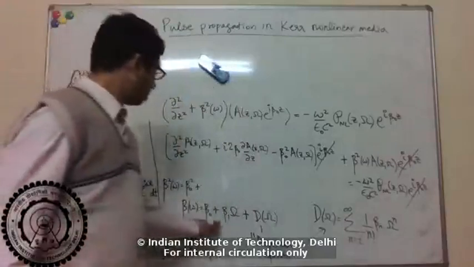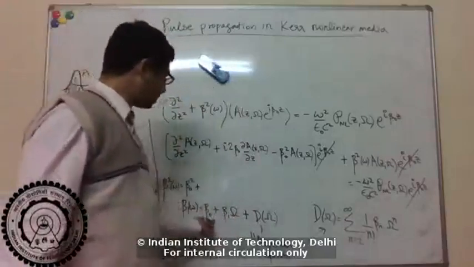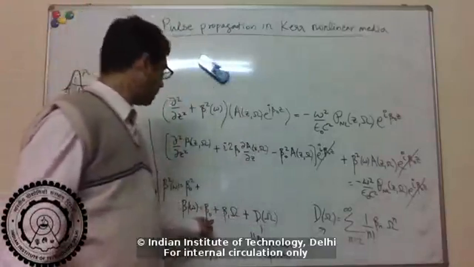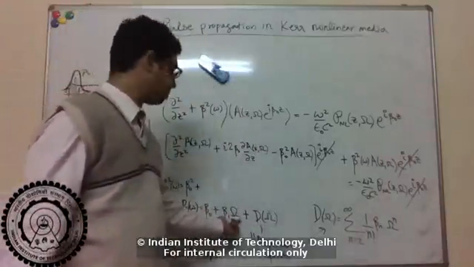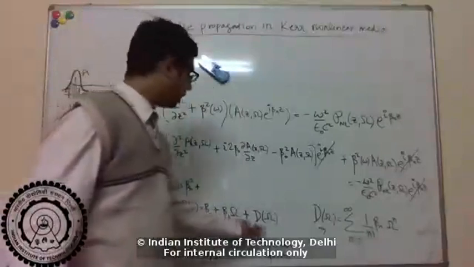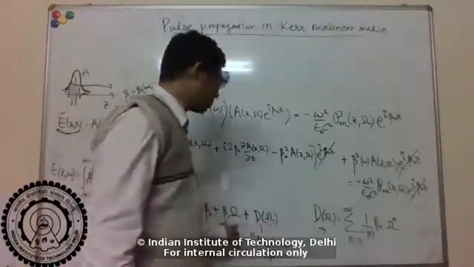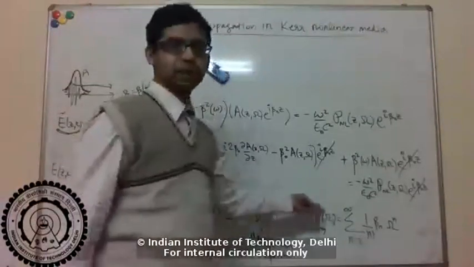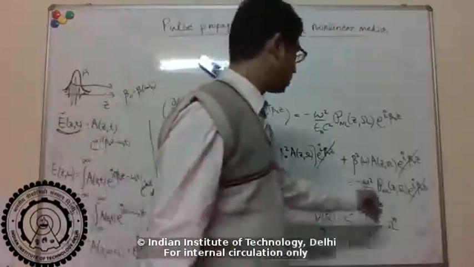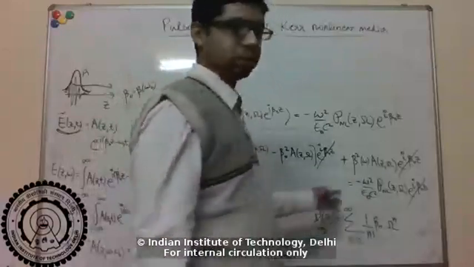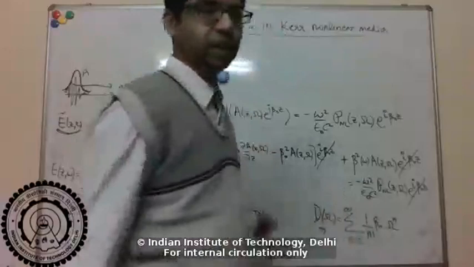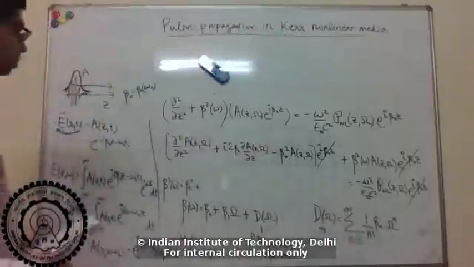Okay, so in this expansion here, the biggest term is beta naught, right? And then this next term will be much smaller than beta naught. And then this next term will be much smaller than the previous term, right? Because it's a Taylor expansion. So higher order terms are smaller and smaller. So they're less significant.